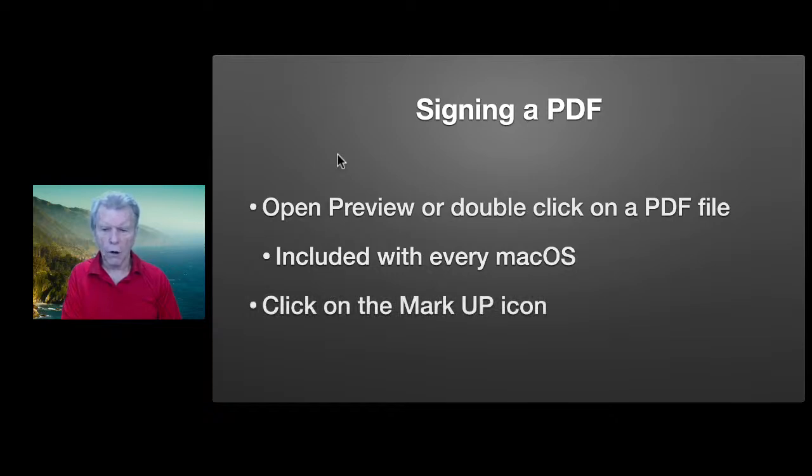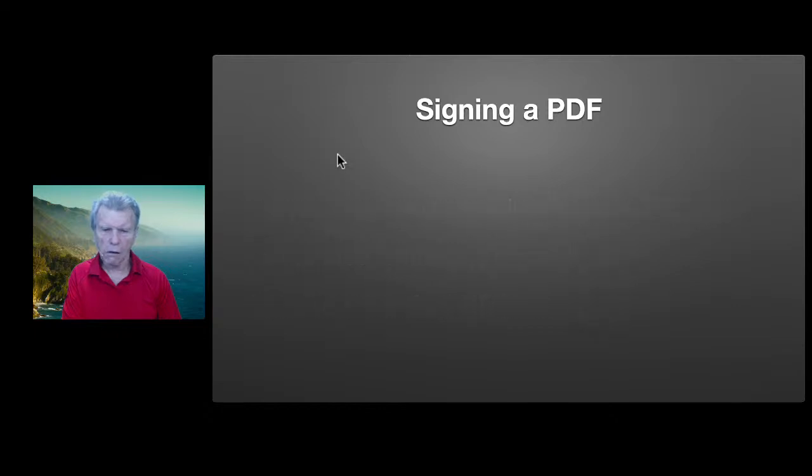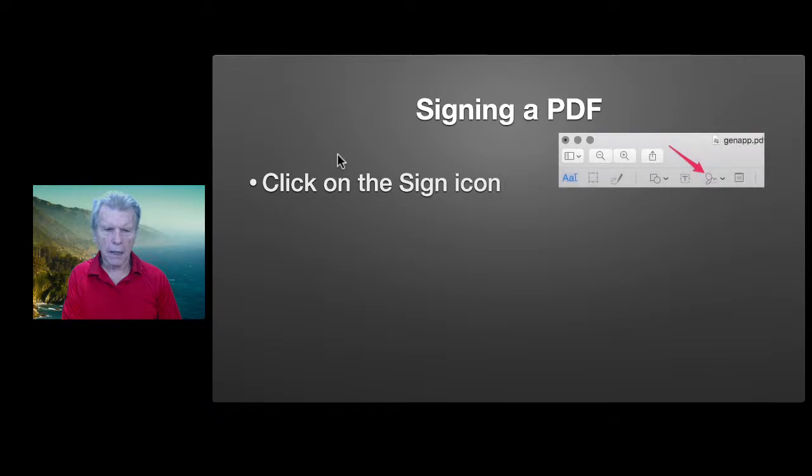So to get started, you would click on the markup icon, which is a circle with a pen point or a marker point pointing upwards. And then you would click on the sign icon, which is the letters JN written in cursive.